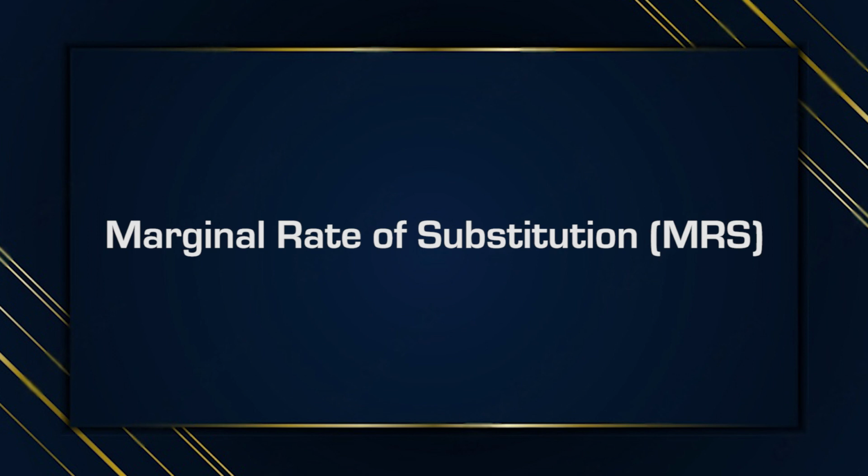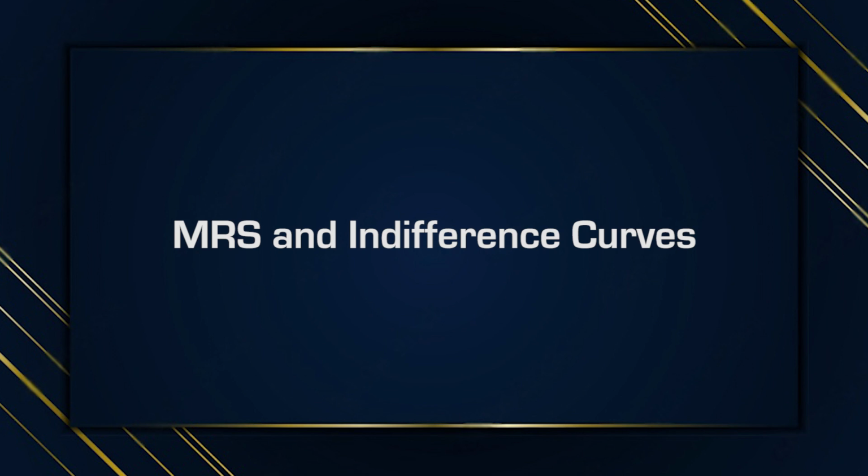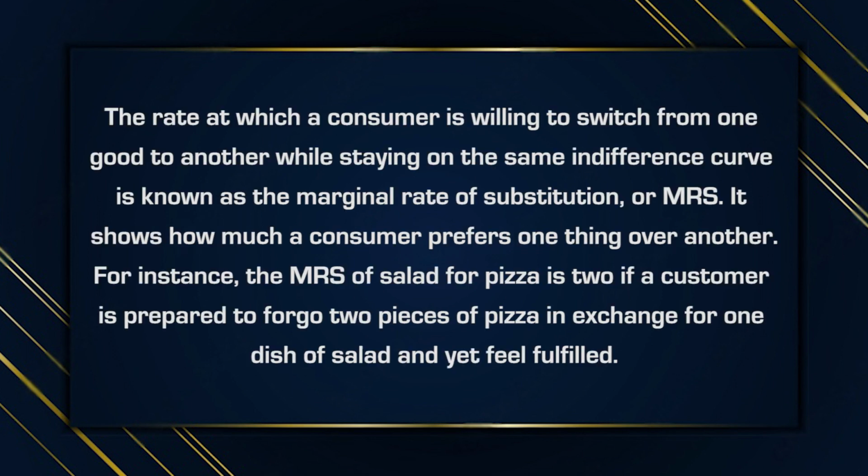Marginal rate of substitution, MRS. MRS and indifference curves. The rate at which a consumer is willing to switch from one good to another while staying on the same indifference curve is known as the marginal rate of substitution, or MRS. It shows how much a consumer prefers one thing over another.